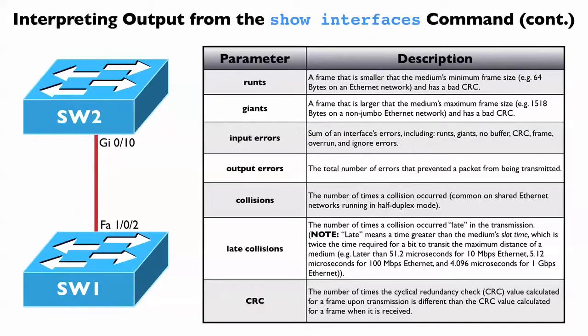To give you a few examples, that slot time would be 51.2 microseconds on 10 megabits per second Ethernet, 5.12 microseconds for fast Ethernet, and 4.096 microseconds for 1 gigabit per second Ethernet. And we've already defined what a CRC is. This is the number of times that calculation, the cyclical redundancy check calculation, doesn't match between the transmitter and the receiver.